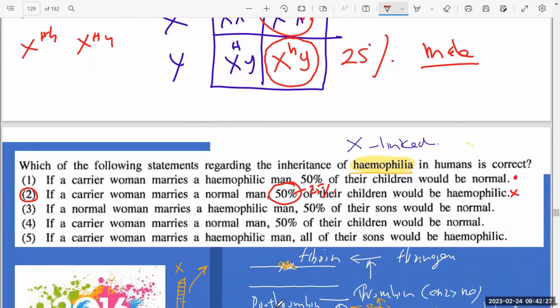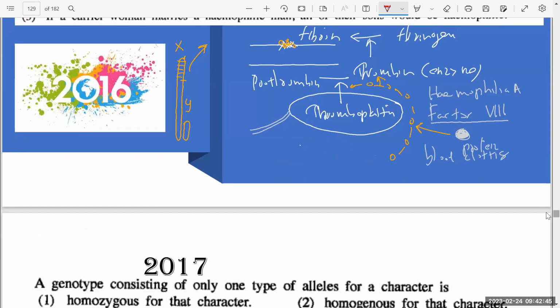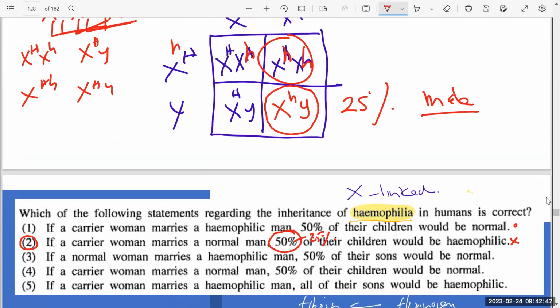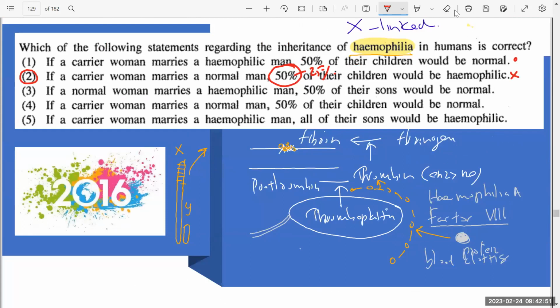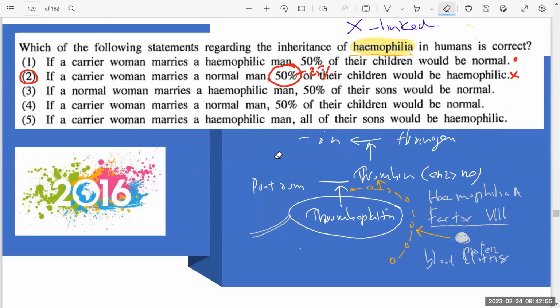The fourth one: if a carrier woman marries a normal man, 50% of their children would be normal. Let's see.